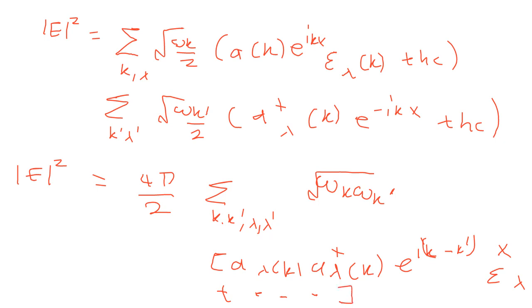There will be 4 other terms, and you will try to do the same thing for the B field. Because of time, I think I'll just skip that. Maybe try and sketch, but those make use of the integral d3x e^{i(k±k')·x} giving V delta k k prime.